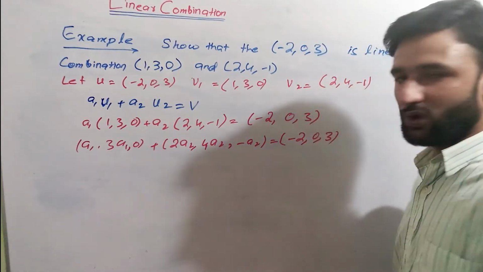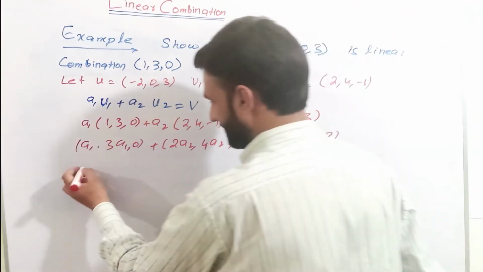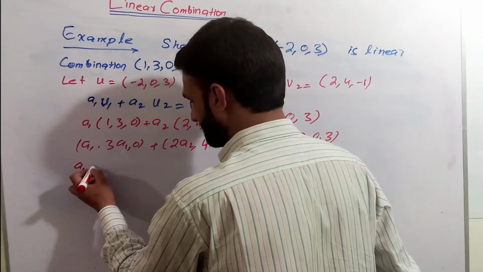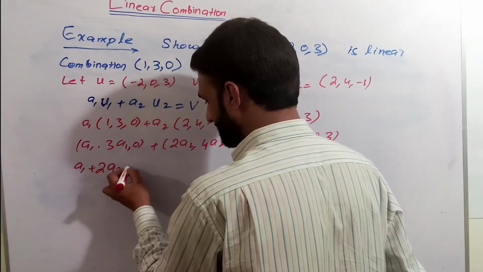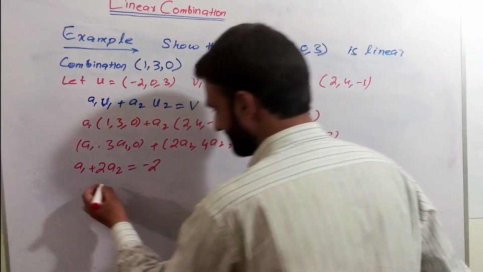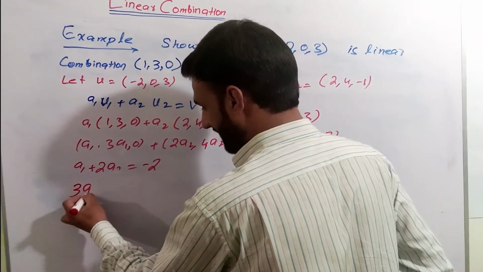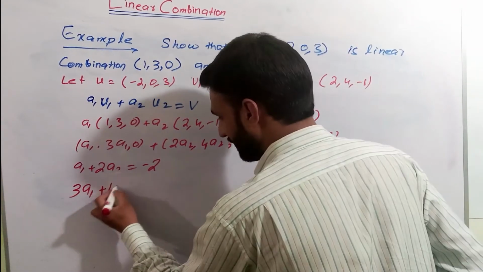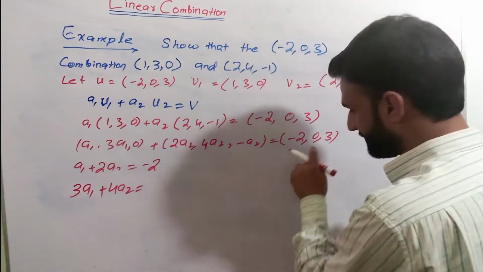Now we take the coordinate-wise values. The first is a1 plus 2a2 equals minus 2. The second is 3a1 plus 4a2 equals 0.